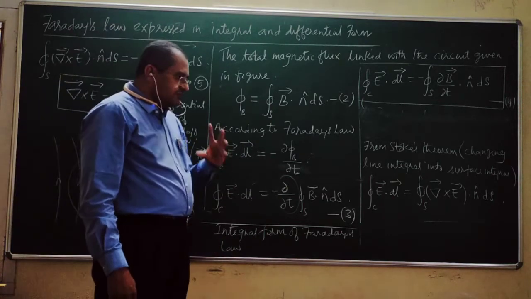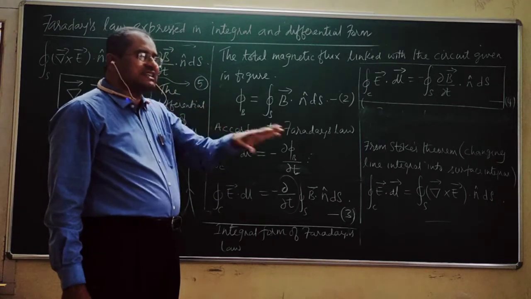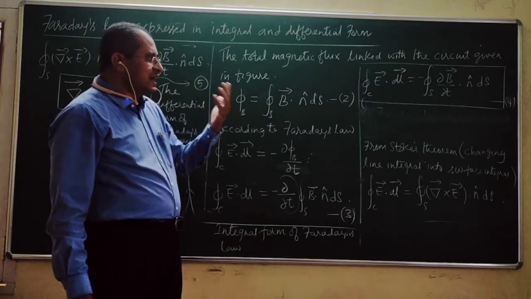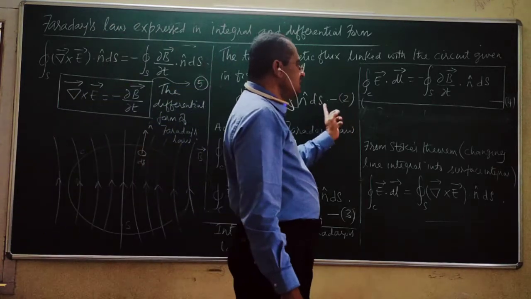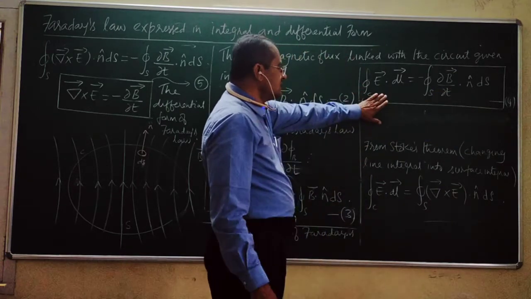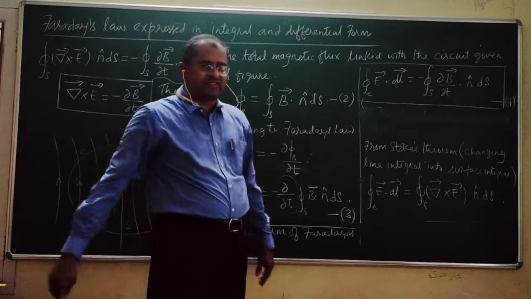Now, if I consider a case where the circuit is remaining constant, and the magnetic field is changing by moving the magnet towards or away from the circuit, then the magnetic field is changing with respect to time, therefore dou by dt has been taken inside. So on the left hand side I have a line integral, on the right hand side I have a surface integral.